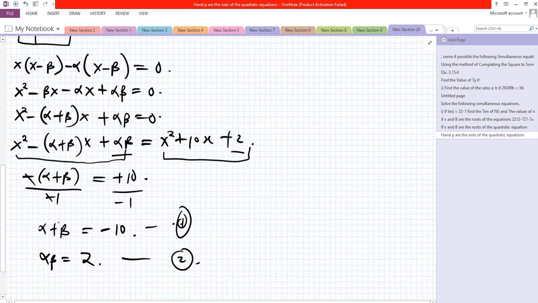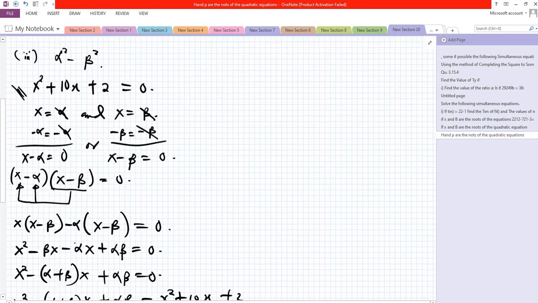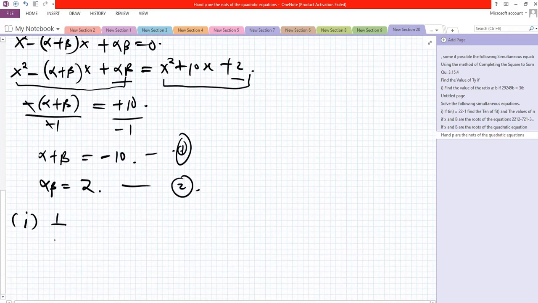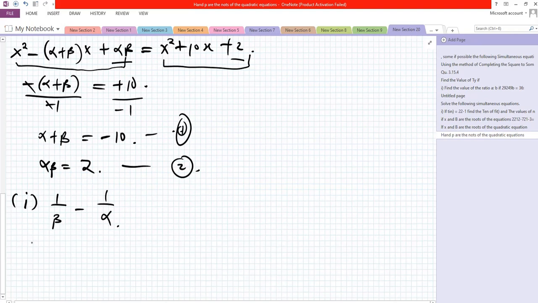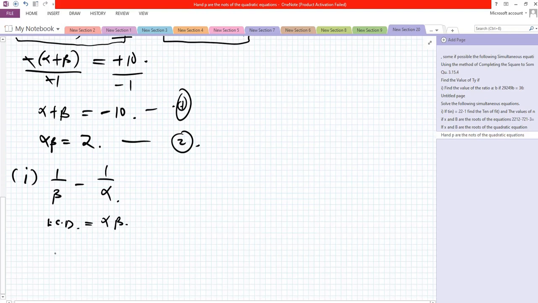So we are asked what is the value of 1 over beta minus 1 over alpha. Now, what is the lowest common denominator for this? The lowest common denominator is alpha beta.